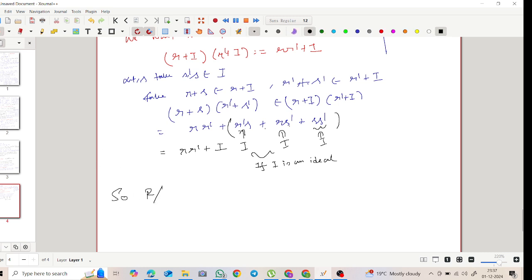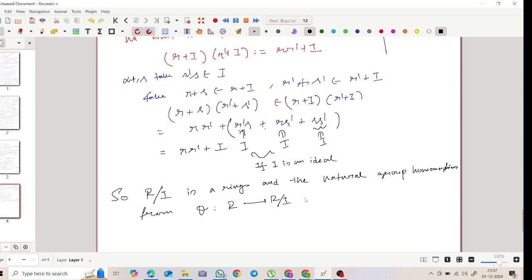So R mod I is a ring, and the natural group homomorphism map theta from R to R mod I is a ring homomorphism.